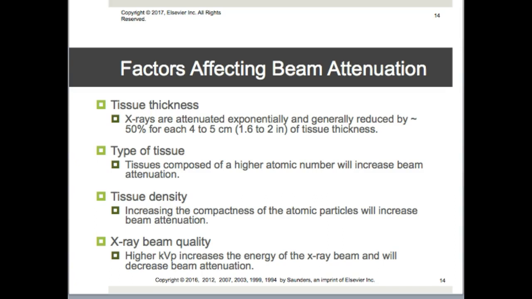Also, when we talk about the type of tissue, tissues with a higher atomic number will increase beam attenuation. Tissue density: an increase in the compactness of the atomic particles will increase beam attenuation.